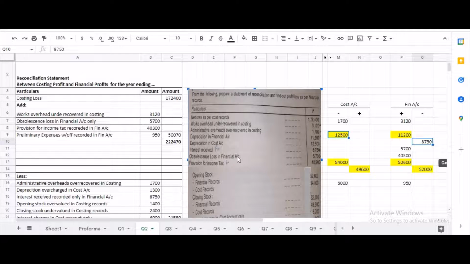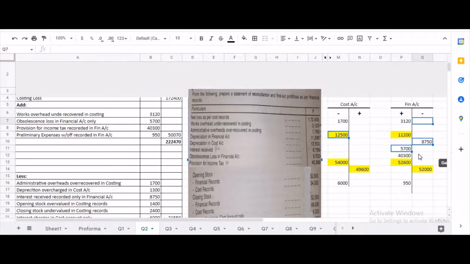Obsolescence loss in the financial account should be added, as expenses and losses come in debit and incomes come in credit. Provision for income tax should be added in the financial account.